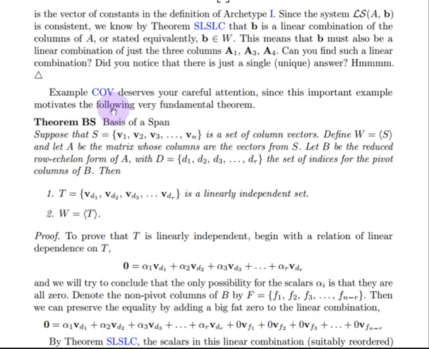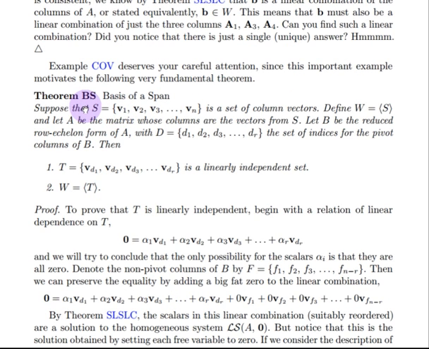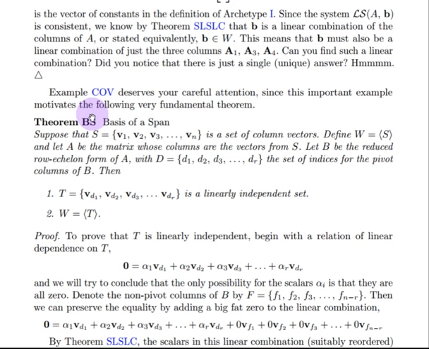All right, so let's return to the example and generalize. Remember what I said: if you have a set of column vectors, you can form the matrix, and it's the pivot columns that turn out being the same.